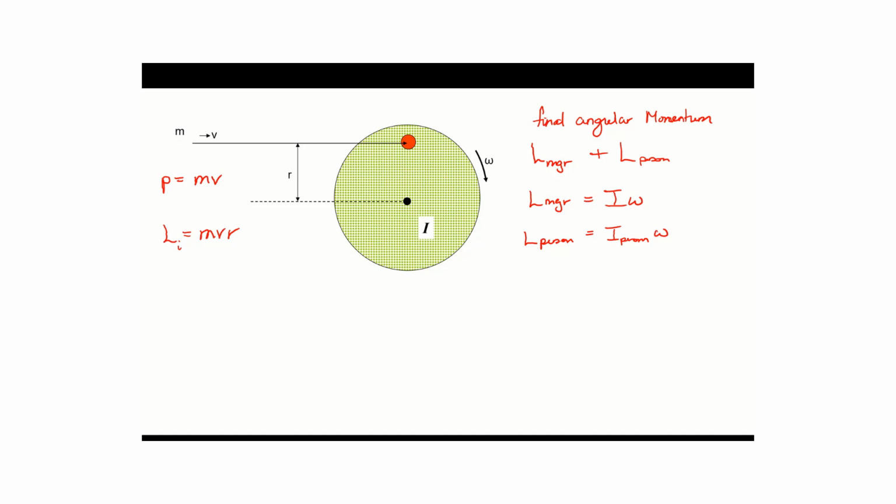multiplied by omega. Now, the inertia of the person, because the person is small in dimension compared to the merry-go-round, we consider it as a point mass. And because we consider it as a point mass, we can say that the angular momentum of the person equals mr squared omega, where the mr squared is the angular inertia of the person.